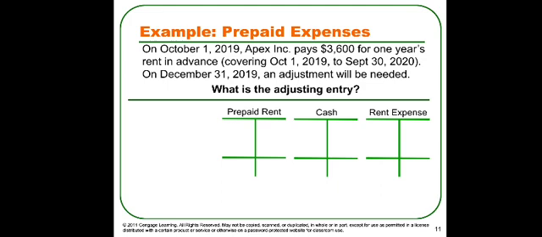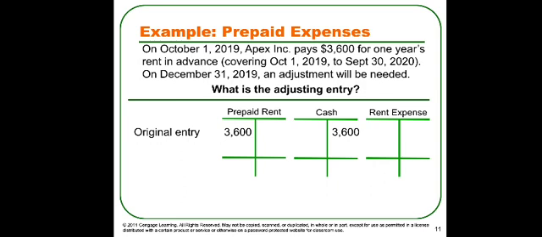Okay, see here. For the prepaid expenses, you have to know the original entry before you can do the adjusting entry. So this is the original entry. The original entry is the record when you pay the 3,600 on the 1st of October.